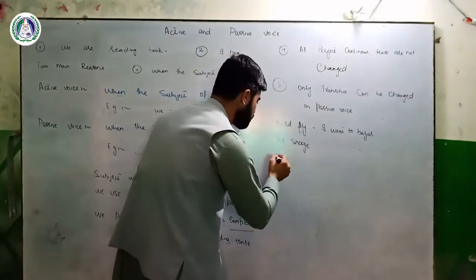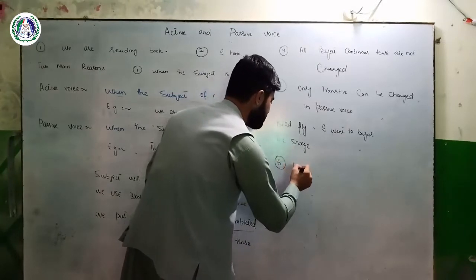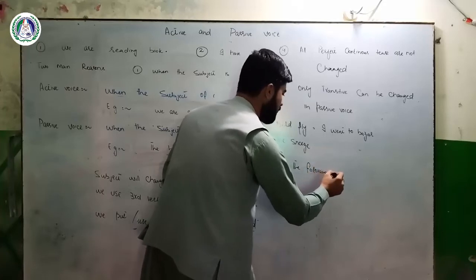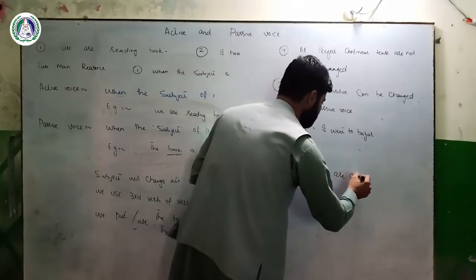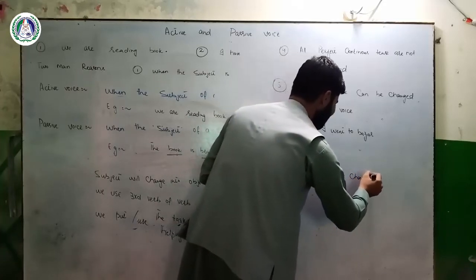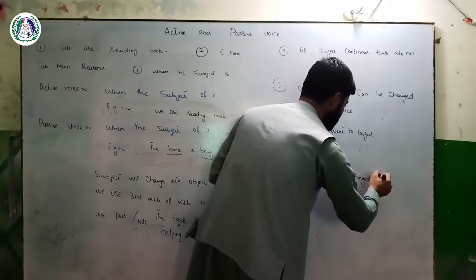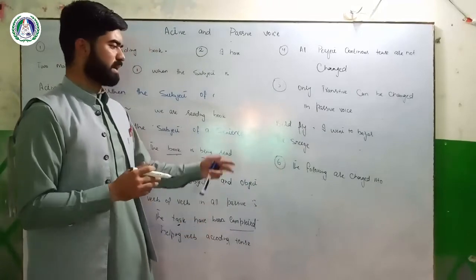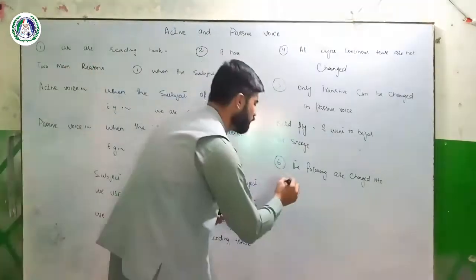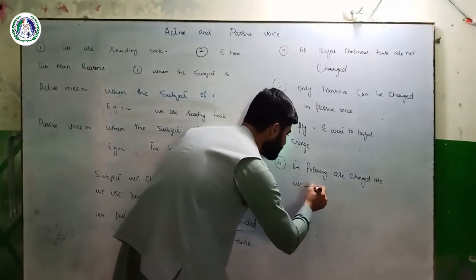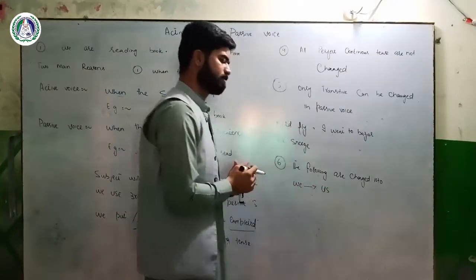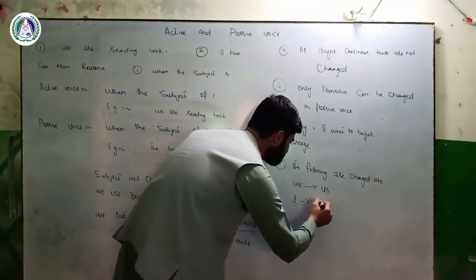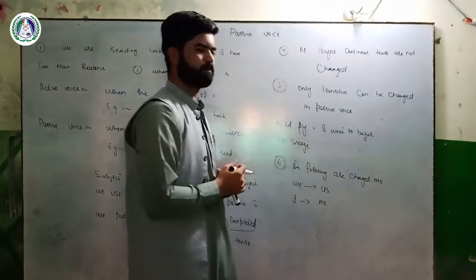And this number 6 rule tells us that the following words are changed. Here are some words in passive voice that we change. For example, we change we into us. I we change into me.